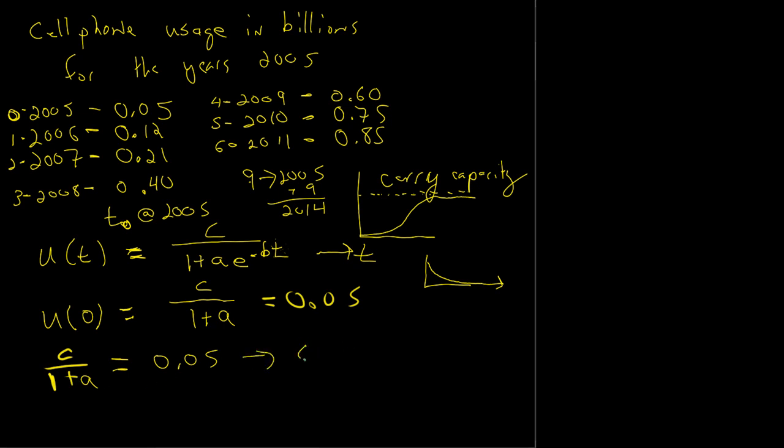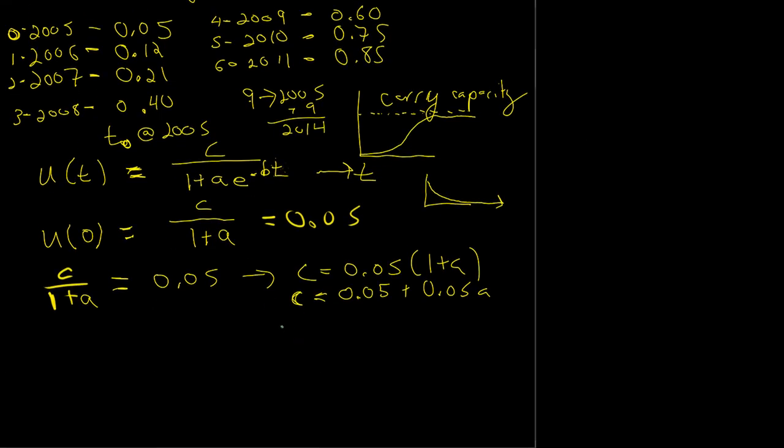So this becomes c equals 0.05 times 1 plus a. I will distribute: 0.05 plus 0.05a is equal to c. All right, so I have 3 unknowns. I'm going to need 3 points in this equation to help me find them.